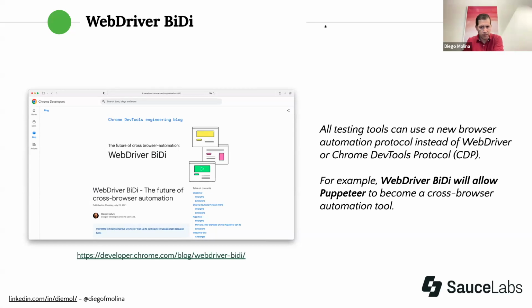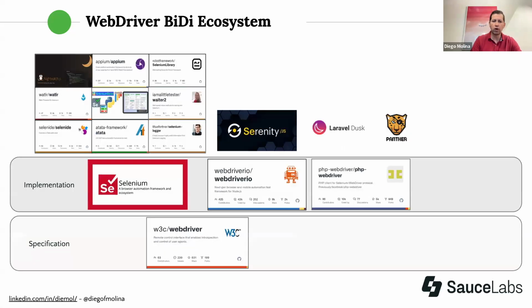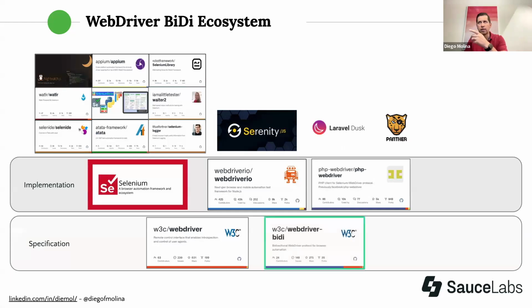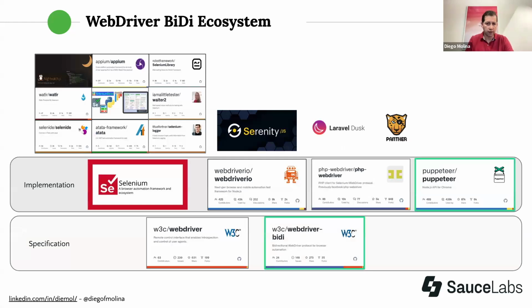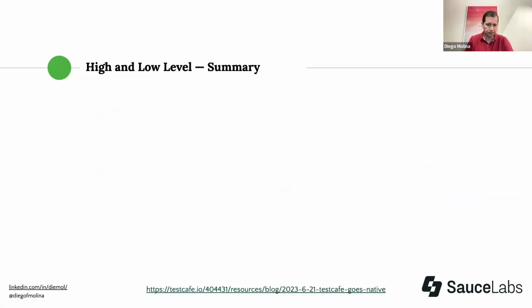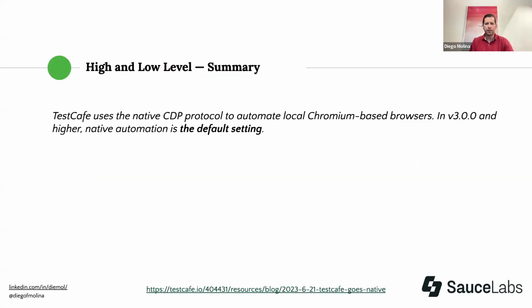And when Apple is done with Safari, they will be able to also automate Safari with Puppeteer. So if we go back to this ecosystem that I was talking about a moment ago, then we can say that there's a new standard that is BiDi, and there is now a new member of the ecosystem, which is Puppeteer.